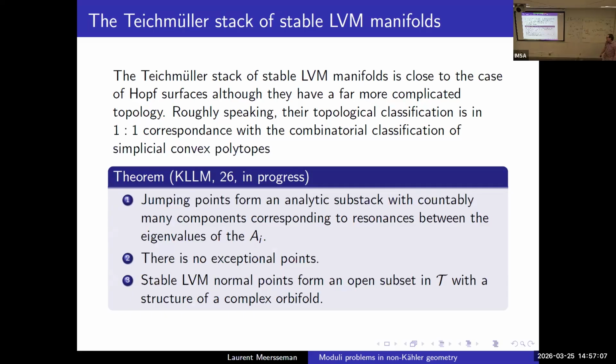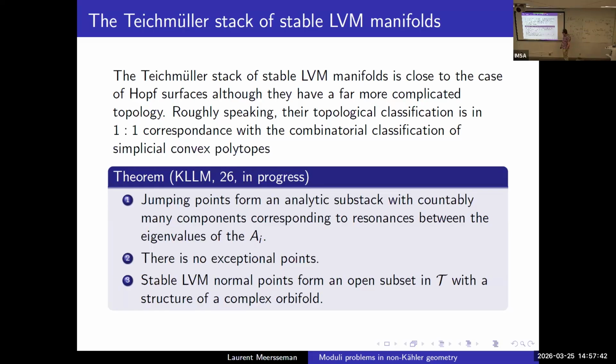And of course, it's almost impossible to get a fine understanding of all these jumping points, starting from dimension 3 and higher. It's too complicated. But if you take this point of view of a Kähler stack and the three different types of points from the description, all these complicated points form an analytic substack. There is no exceptional point.